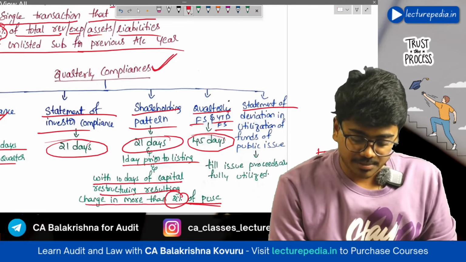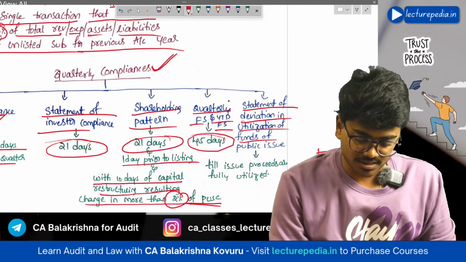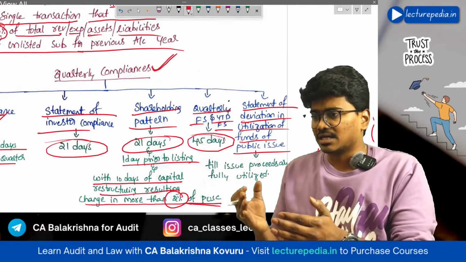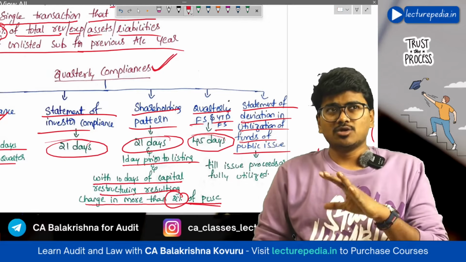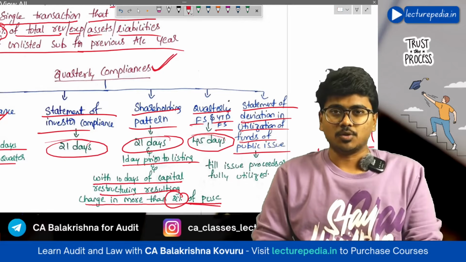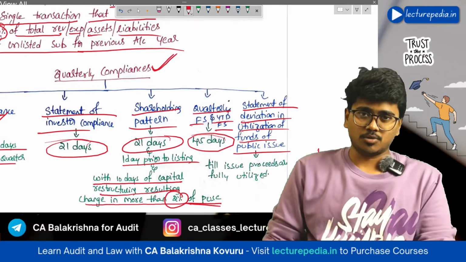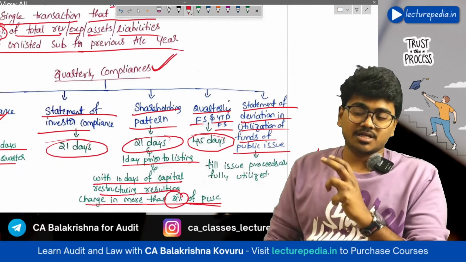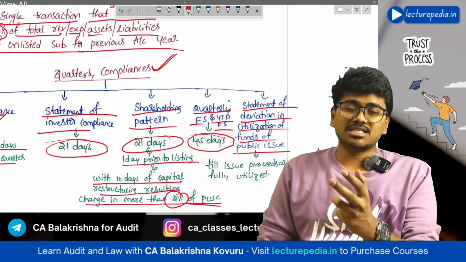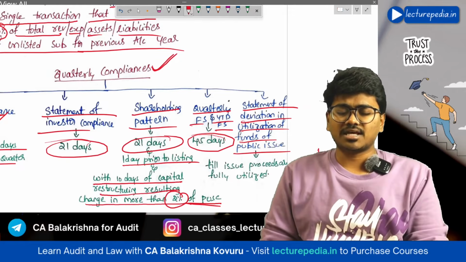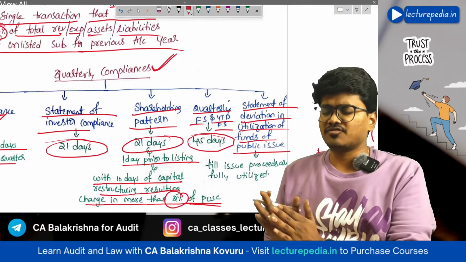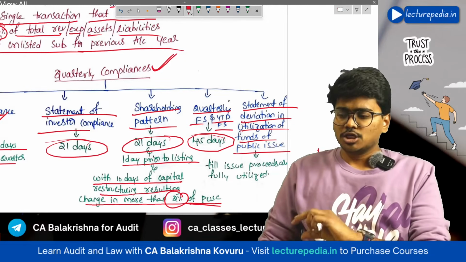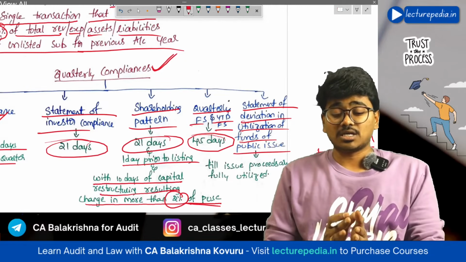Next, statement of deviation in utilization of funds of public issue. At the time of raising money from the public, you will specify the objects of this amount, how you are going to utilize it. Now if you have deviated in the utilization of that amount, let's say at the time of raising the money you told that you will utilize it for construction of a factory, but you are using it for repaying debts, this is known as deviation.